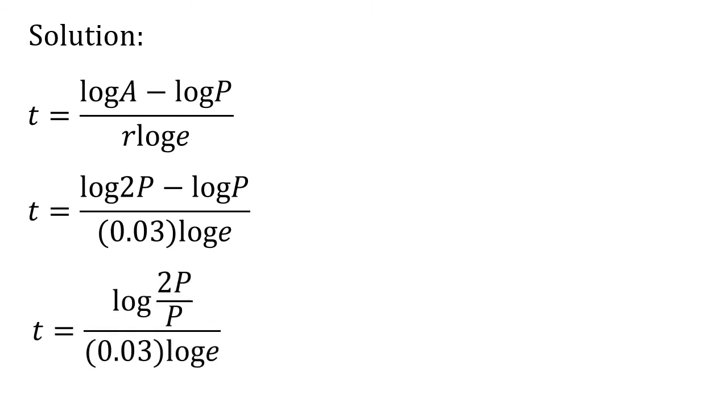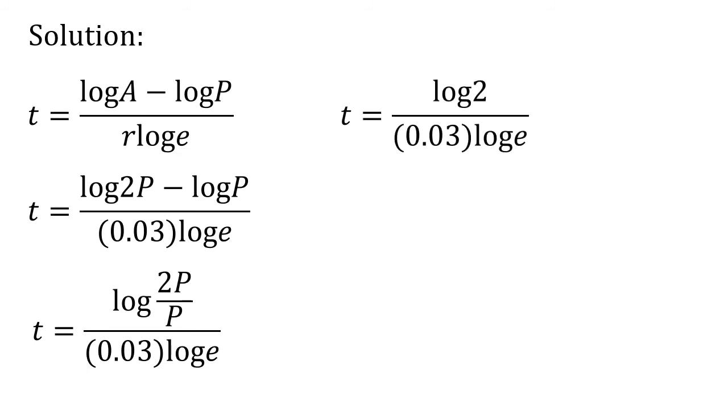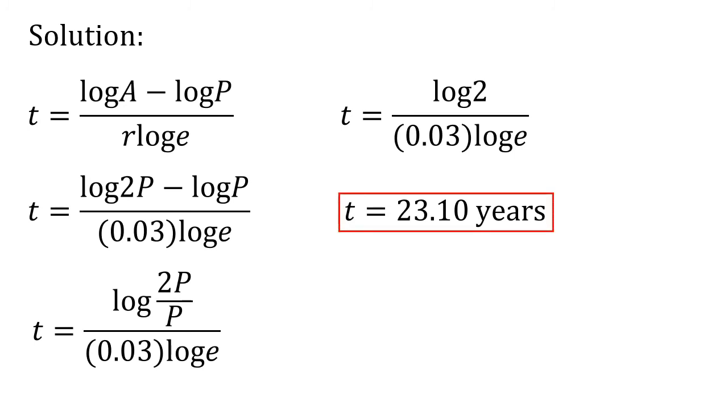Log 2P minus log P can be expressed as log 2P over P, and 2P over P is 2. Then the denominator is 0.03 log e. Now we have t equals log 2 over 0.03 times log e, and that's 23.9 years. Just use your calculator to answer that.